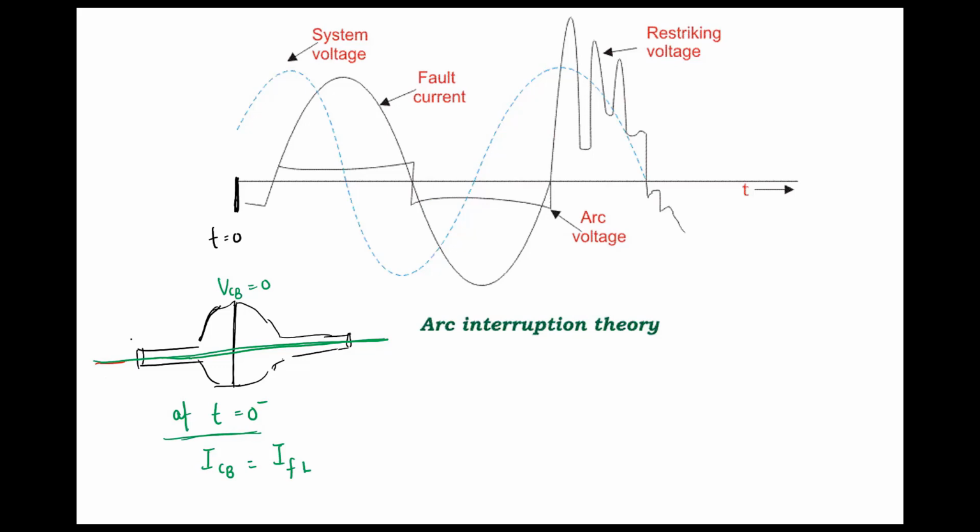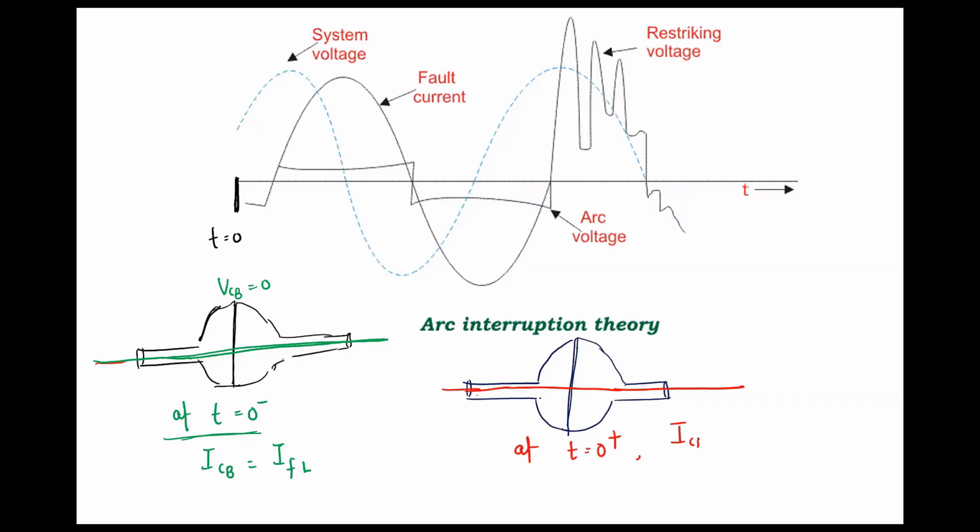Before the fault occurred, the voltage across the circuit breaker is 0. Then what happens once the fault occurs at t equal to 0? The situation is that they are still in closed condition, but the current flowing through them is not the full load current. It is the fault current, at t equal to 0 plus.